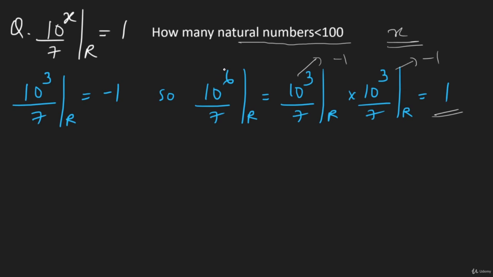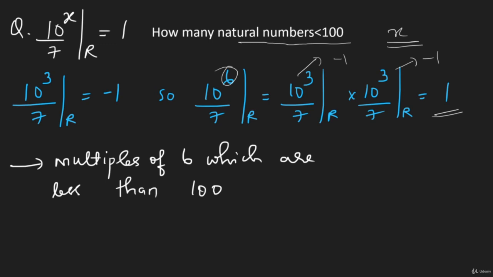Now, any power of 6, any multiple of 6 will give you an answer to this question. So you just need to find multiples of 6 which are less than 100. Now, in the first 100 natural numbers, how many multiples of 6 are there? That's nothing but 100 divided by 6, which gives you the answer as 16.